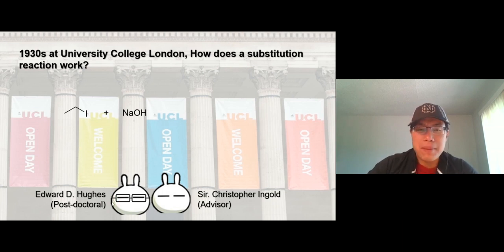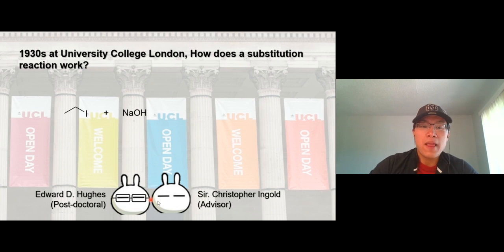Anyway, he's doing work after the PhD, so they call it postdoctoral, or postdoc, under Professor Christopher Ingold, right? And I'm sure you've heard this name before: Hughes-Ingold-Prelog, the R/S system. Sir Ingold had a lot to do with that R/S system, okay? But this guy is the same one here, right?